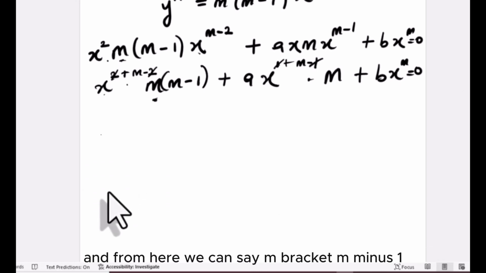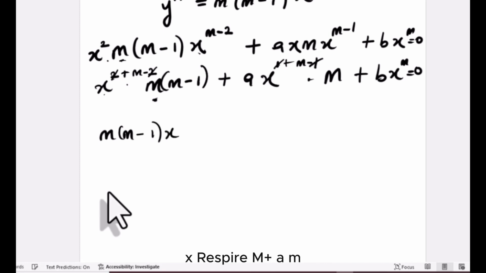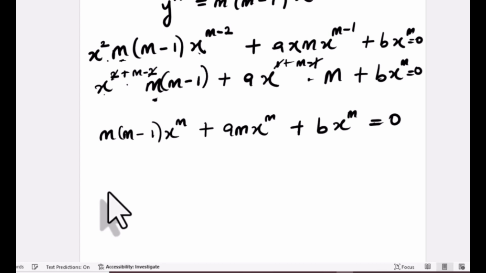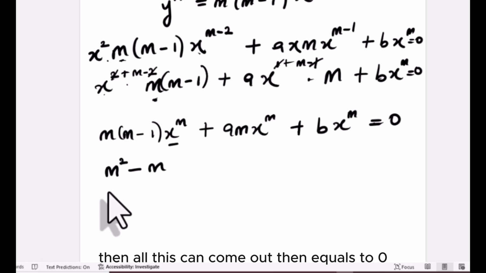And from here, we can say m bracket m minus 1 x raised to power m plus am x raised to power m plus bx raised to power m equals 0. m squared minus m, then all this can come out, then equals 0.